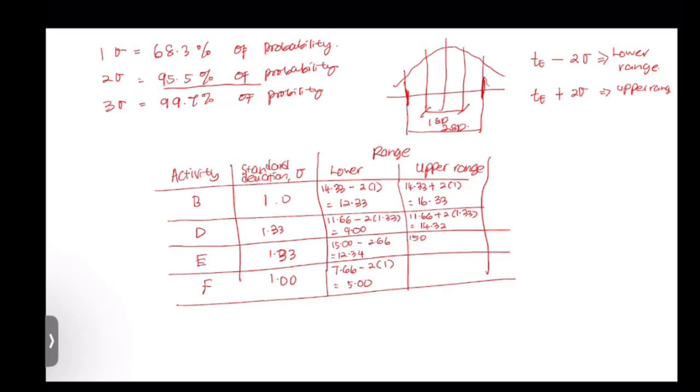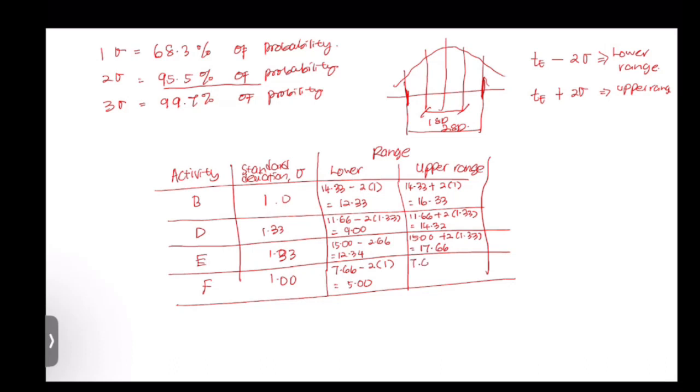For activity E, 15 plus 2 times 1.33, which gives the value of 17.66.